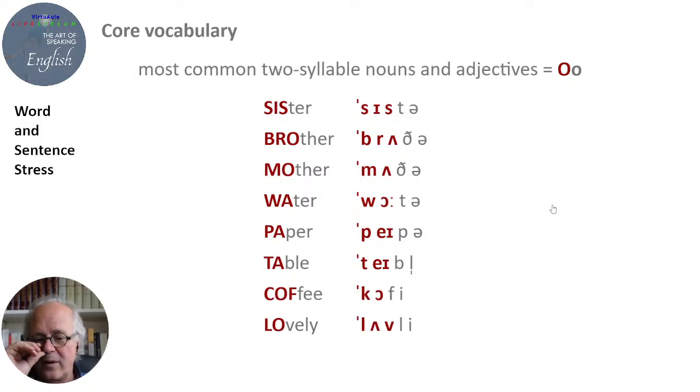Okay, so all of these words have the stress on the first syllable. There are 2 syllables in the word, and generally very, very common words will have the stress on the first syllable. Okay, you can also see that the second syllable is many times the schwa.